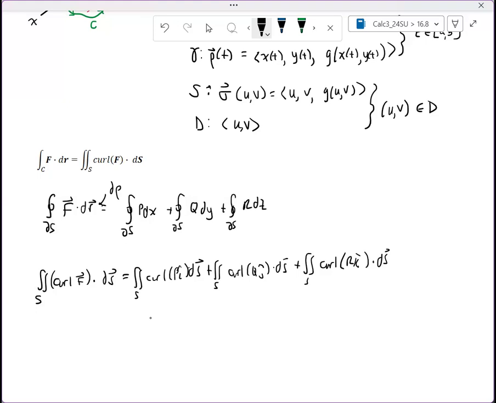So in my first line, I have an x bit, a y bit, and a z bit related to dx, dy, and dz. And in my second line, I have, again, an x, y, and z bit related to i hat, j hat, and k hat.